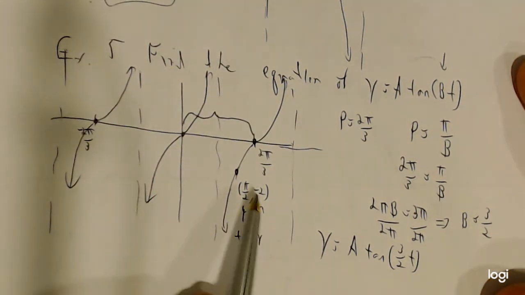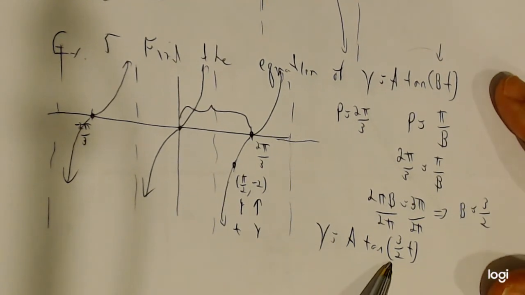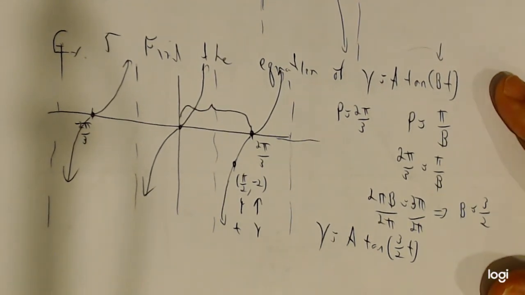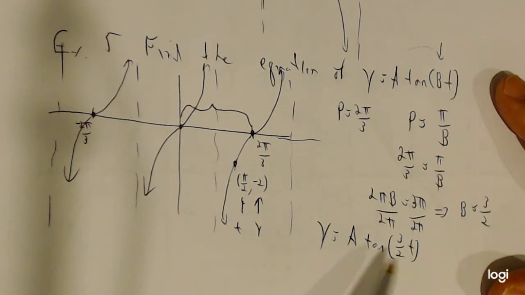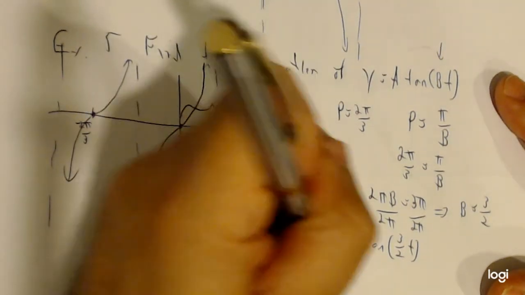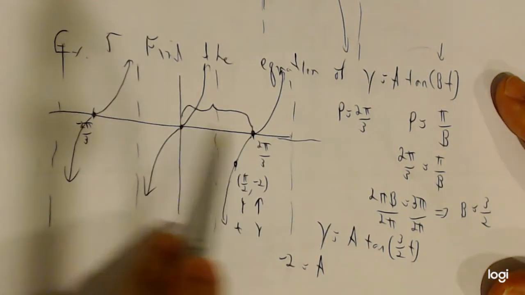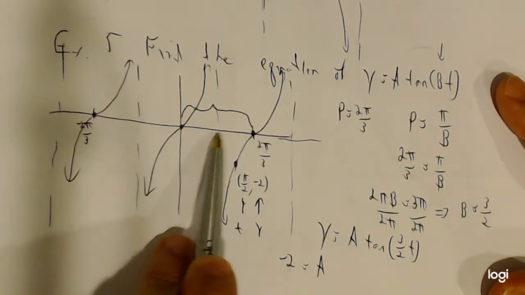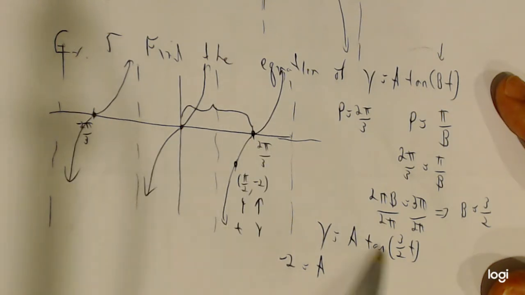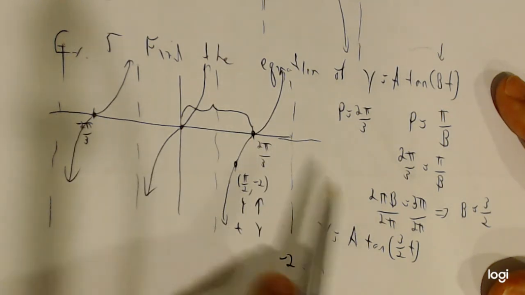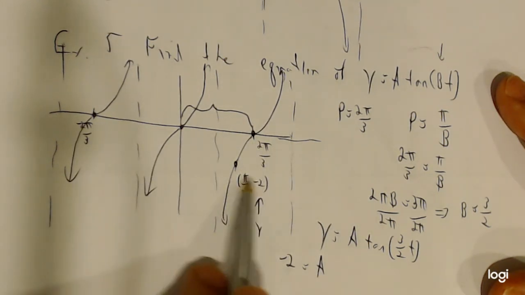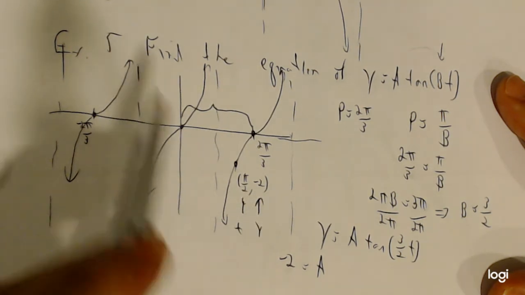So I could replace y with negative 2 and t with pi over 2 and solve for it that way, which will help me find a, right? It's kind of like an equation where I'm just plugging things in. So if I replace y with negative 2, and see, why don't I want to use these points? Because y is going to equal 0, and it's just going to make everything 0 out. So we want to pick a point where we don't have 0 for y.